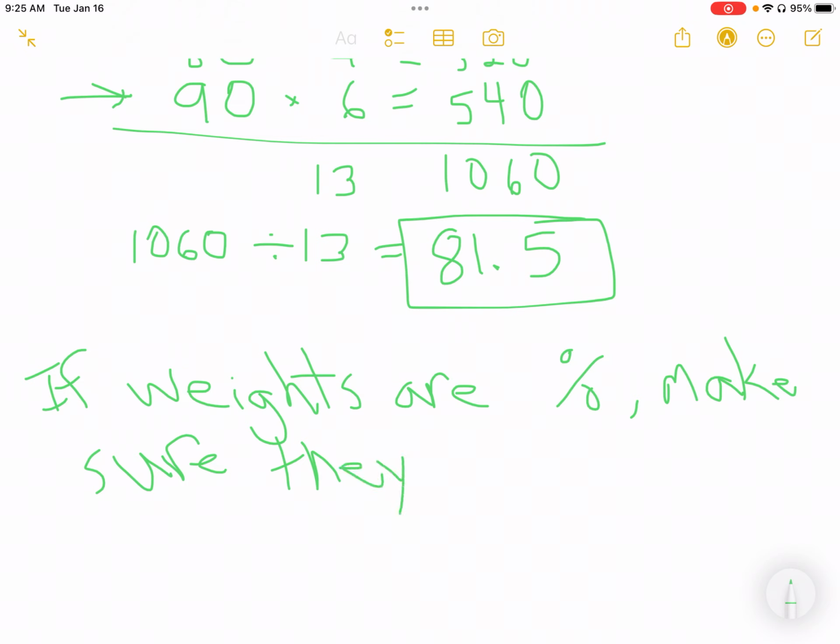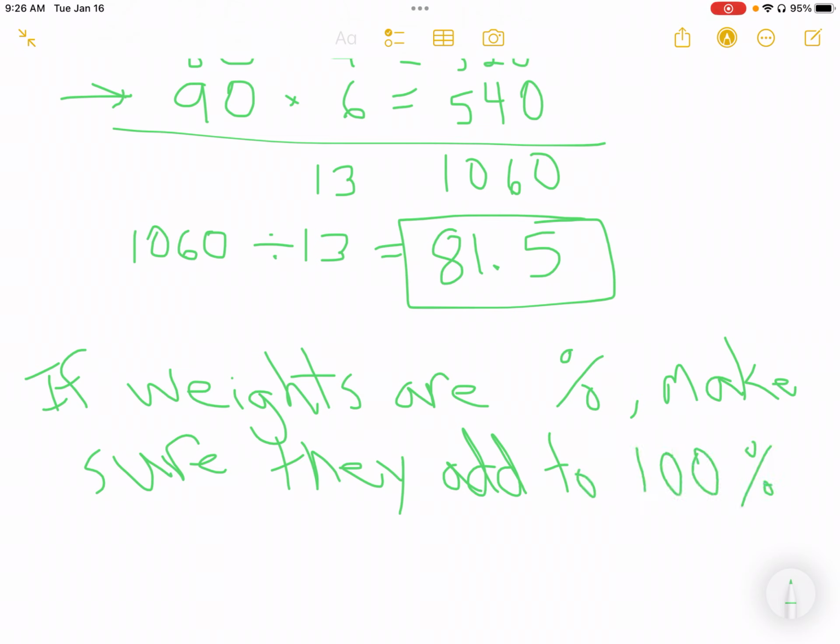And the other thing is make sure that they're in decimal form, right? So let's see here. So example 6 is a good one to look at.